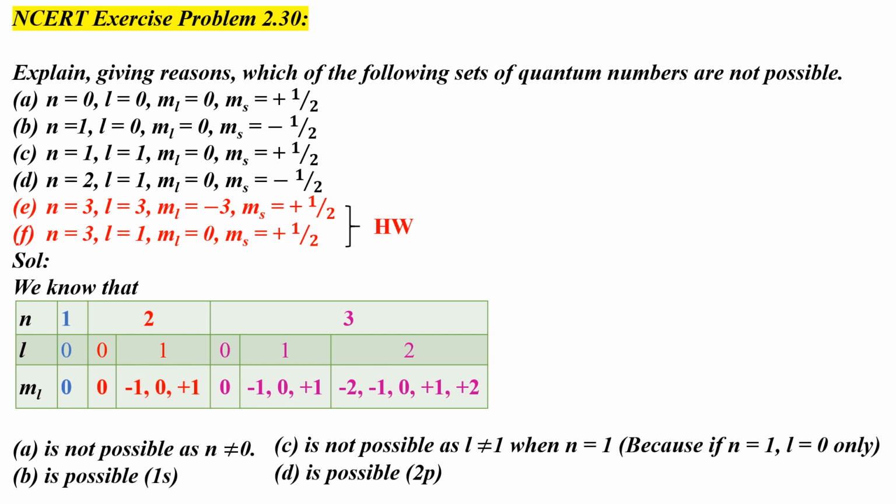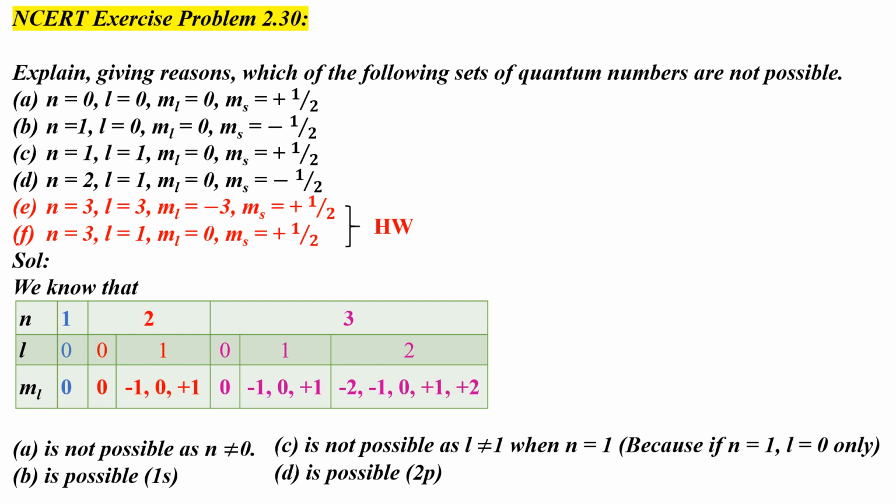Now coming to the second one, B. Here n is equal to 1, L equal to 0, ml equal to 0, ms equal to minus half. Let's concentrate on the first three quantum numbers n, L and ml here. n equal to 1 indicates the first shell. As you know, when n is equal to 1, L can have only one value. What is that? 0.